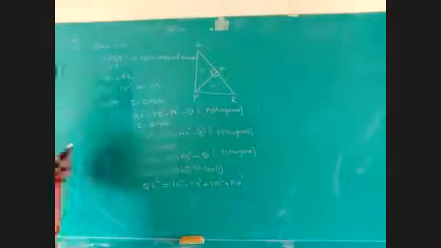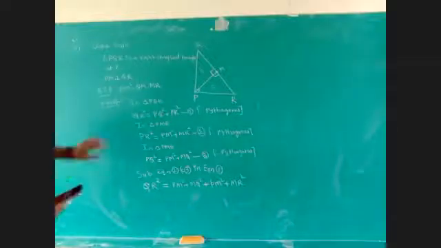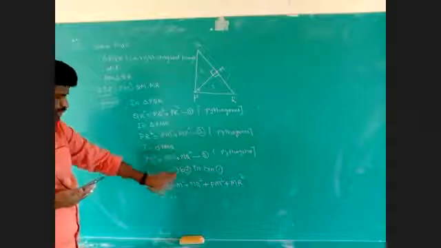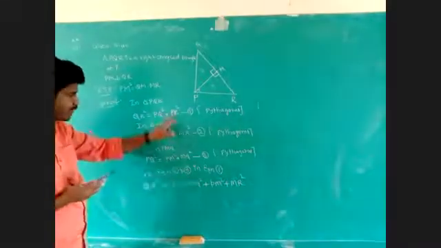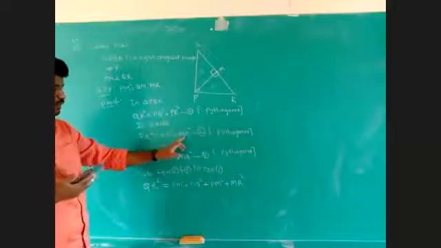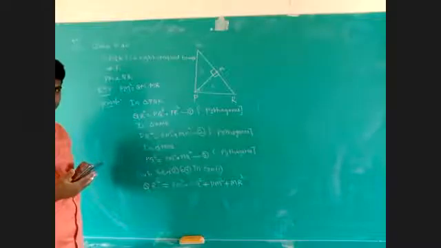Is it clear this step? Yes, sir. Just in place of PQ square, substitute the value PM square plus MQ square. Next, in place of PR square, substitute its value PM square plus MR square. Is it clear? Yes, sir.